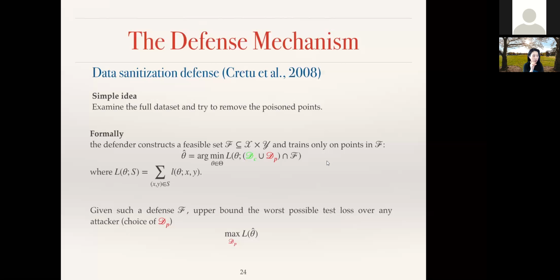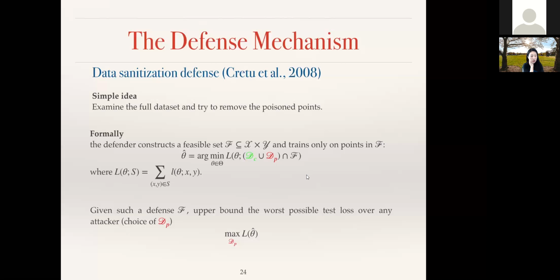So basically, if your defense mechanism finds a feasible set, then you look at all the training examples, including the poison and the clean, and see whether the examples are in the feasible set. That's why mathematically it's written as the argmin of the loss of theta on DC union DP, but the points all have to be within the feasible set F.